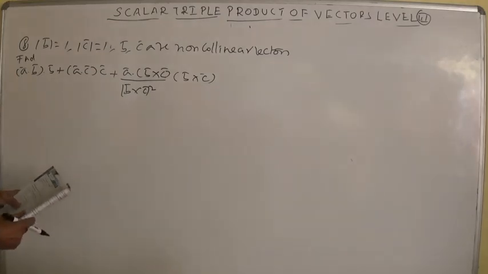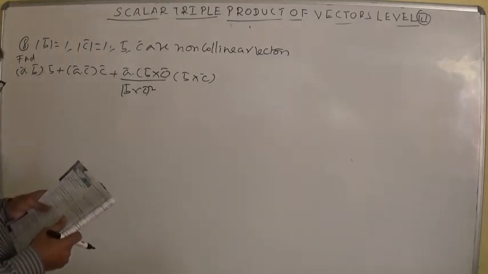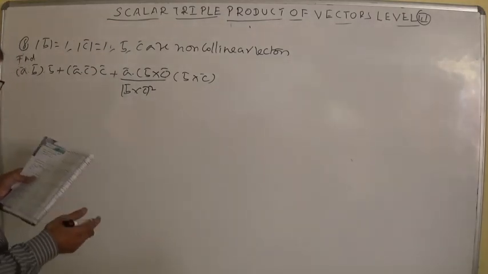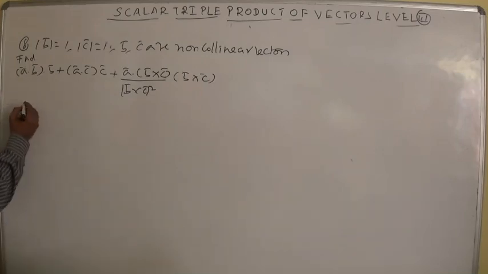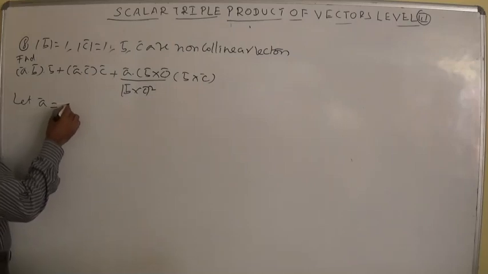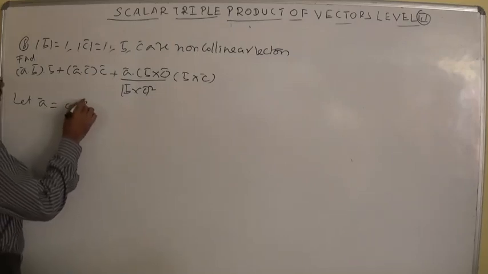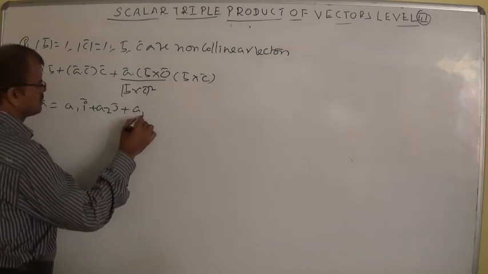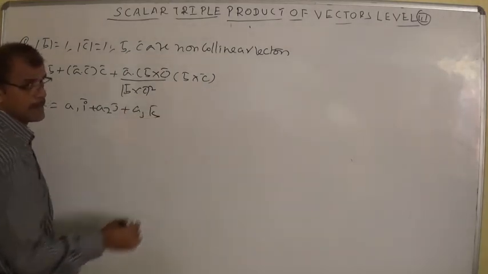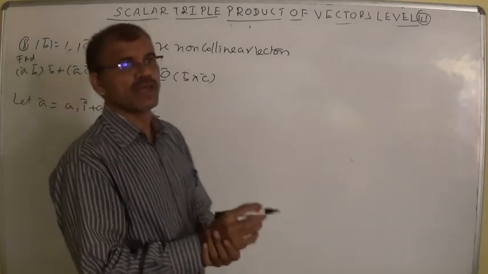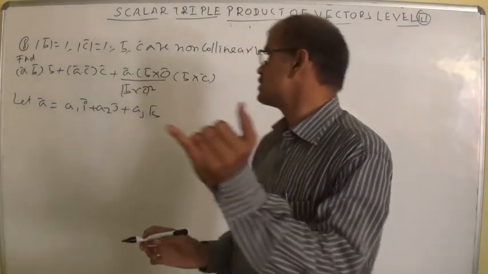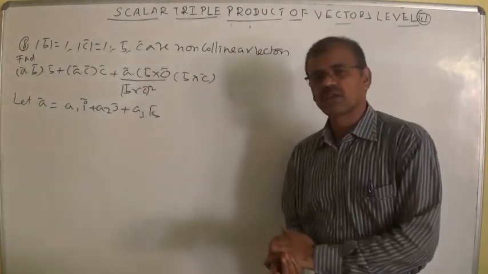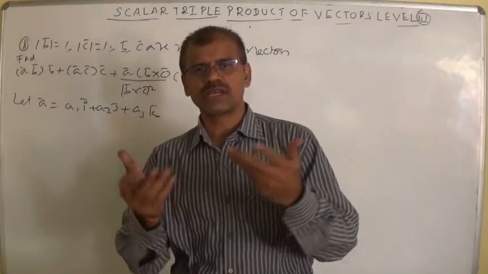Here it is said that these are two non-collinear vectors and unit vectors also. Let me write A bar is equal to, for any vector, in general notation we can say A bar is equal to A1 i plus A2 j plus A3 k. If B and C are given as non-collinear vectors, in general notation non-collinear means i, j, k.